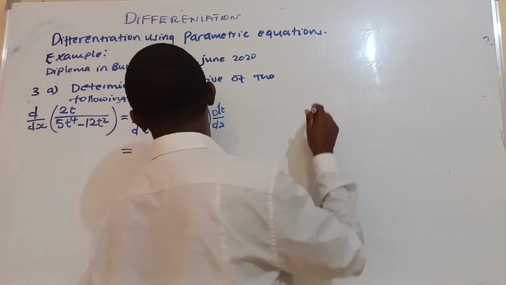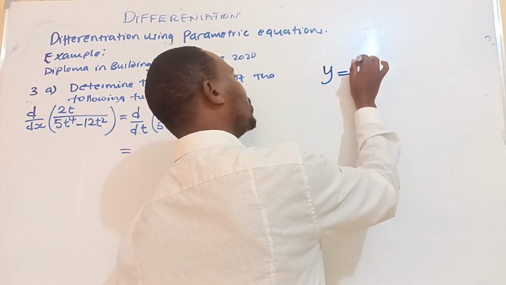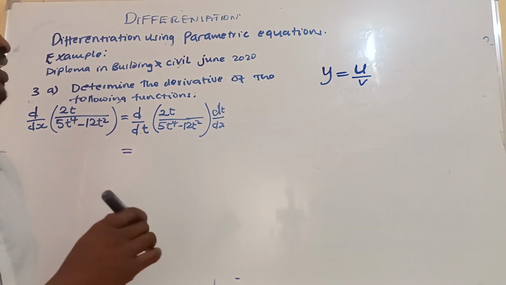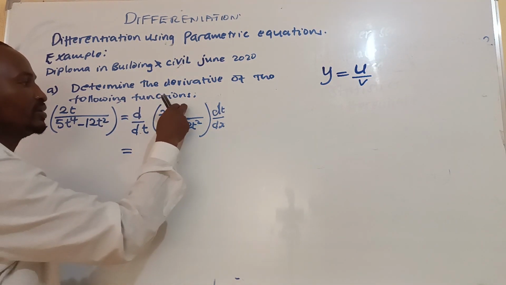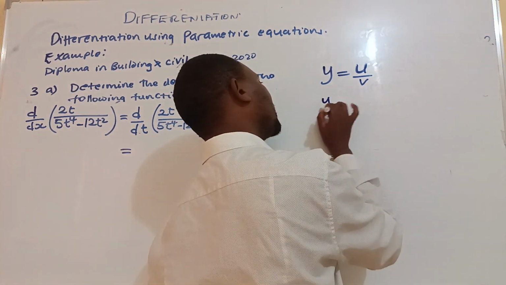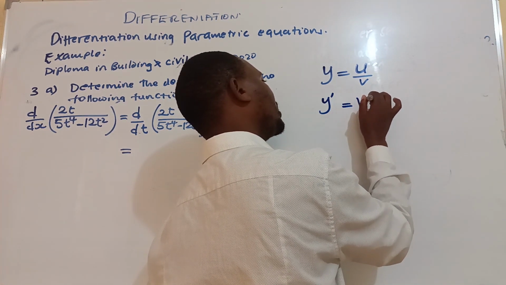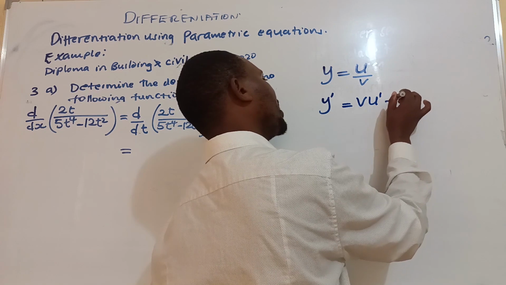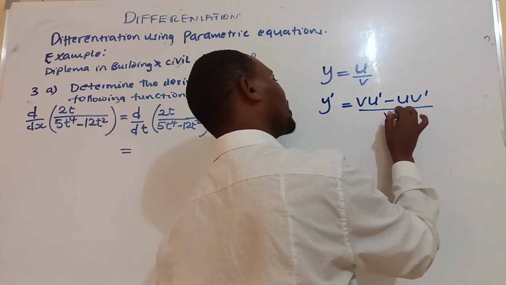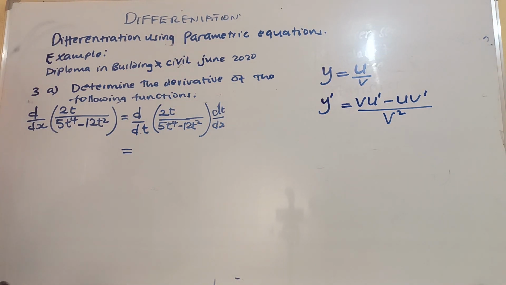Quotient rule states that if you are differentiating y, which is u over v, if y is a ratio between two functions or two terms, then the derivative is: you take v as it is, differentiate u, minus you take u as it is, differentiate v, all over v squared.